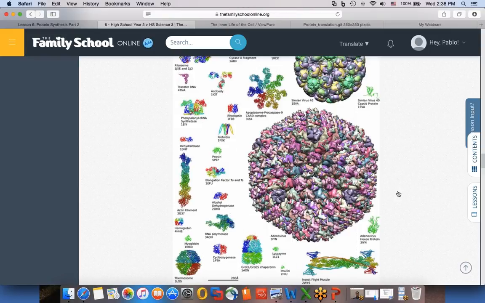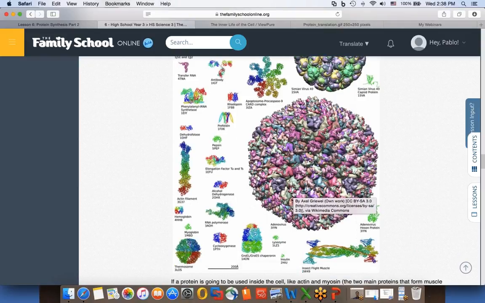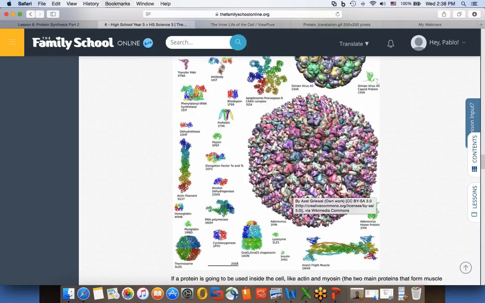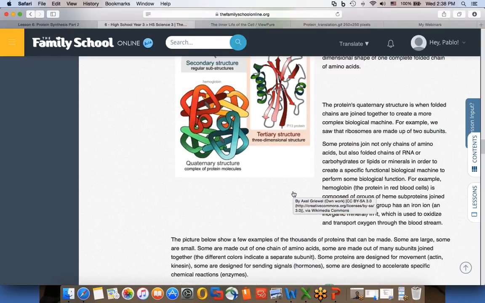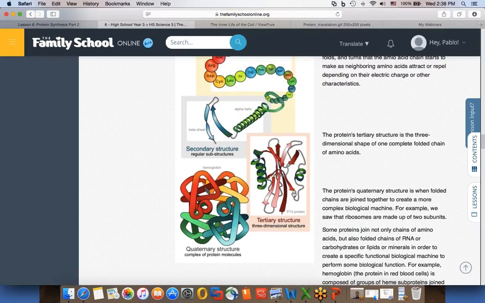Then the proteins can combine with each other and come together and make different structures and do different kinds of things that work better together than if they were by themselves.